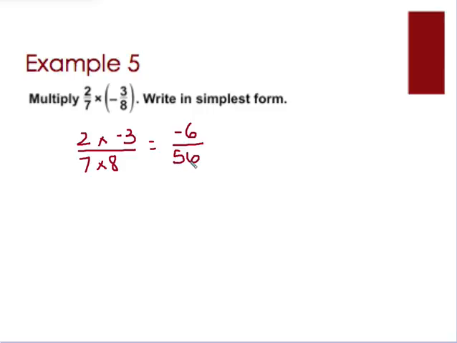Now, is that in lowest terms? What can I divide by? Well, looking at it, I know for sure I can divide by 2, right? Or, is there a bigger number that I can divide by? Let's divide by 2. I get negative 3 on the top.